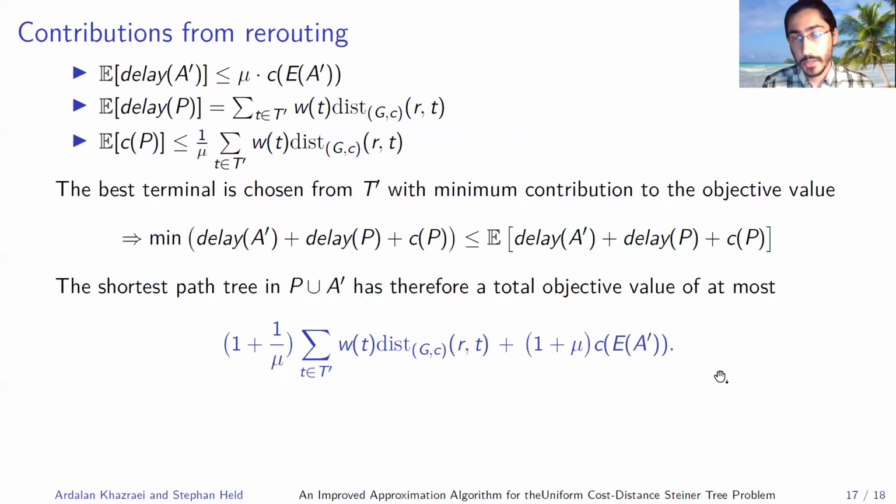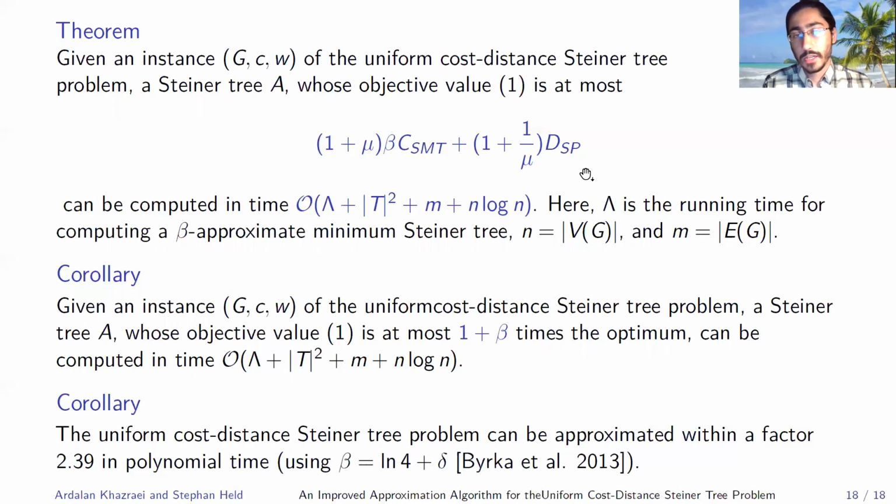And now summing this over all clusters in the initial solution, we obtain this bound for the entire solution output by our algorithm, which has a factor of 1 plus mu times beta times the cost of a minimum cost Steiner tree, plus a factor of 1 plus 1 over mu times the delay contribution of the shortest path tree.